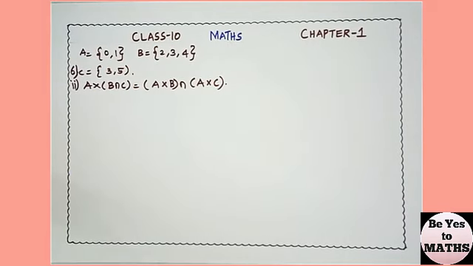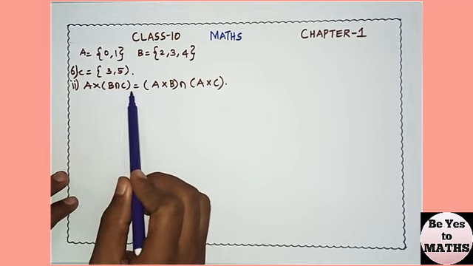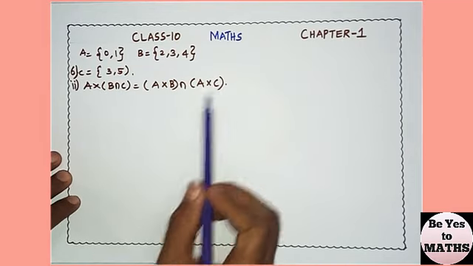Now we'll solve the second subdivision from the sixth question. I have written A, B and C sets here. In the second subdivision we have to verify A cross (B intersection C) is equal to (A cross B) intersection (A cross C).